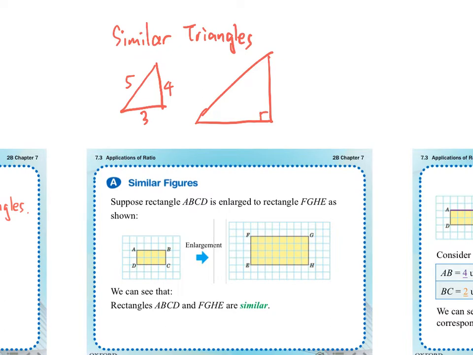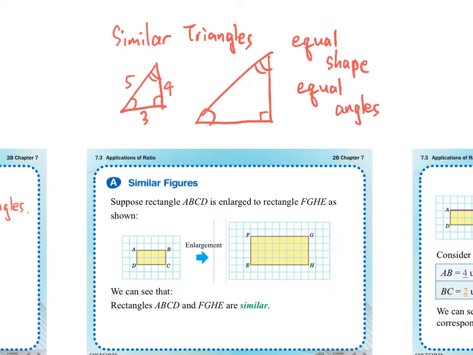So equal shape, and all the angles are equal. Equal shape, equal angles, and what are the properties?